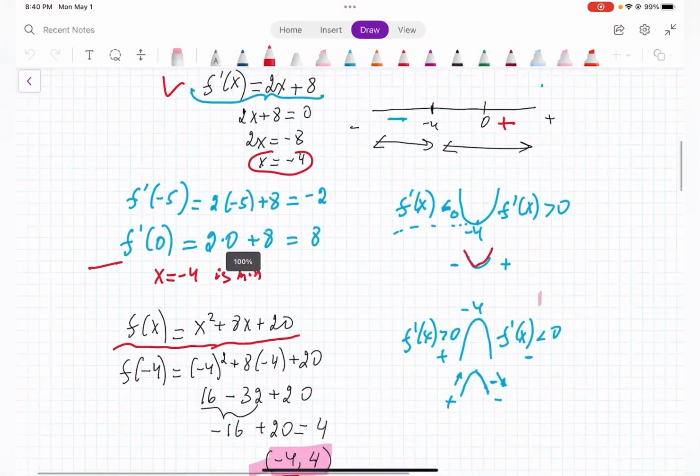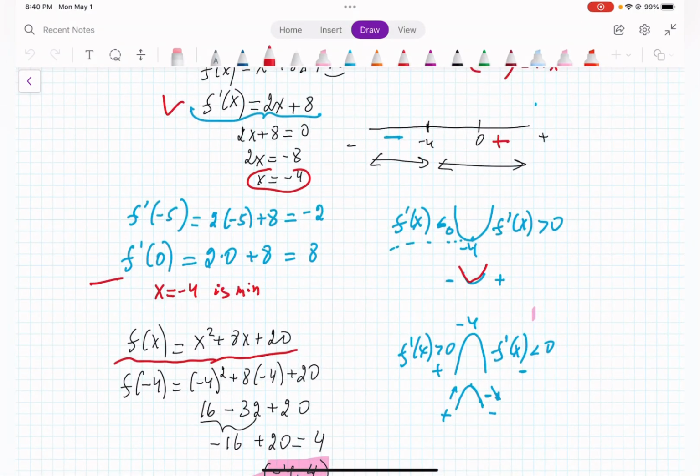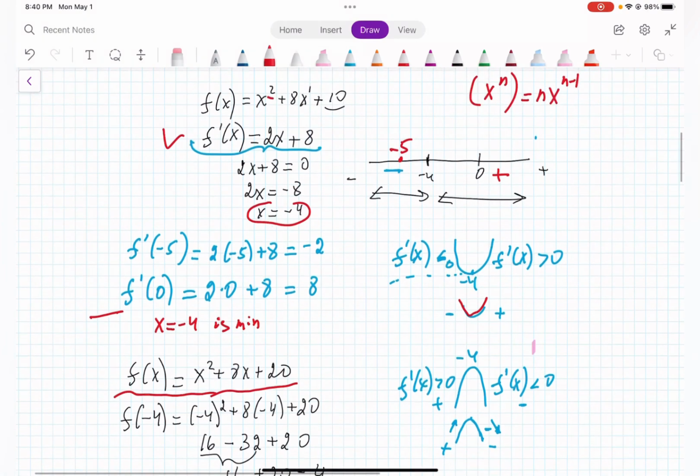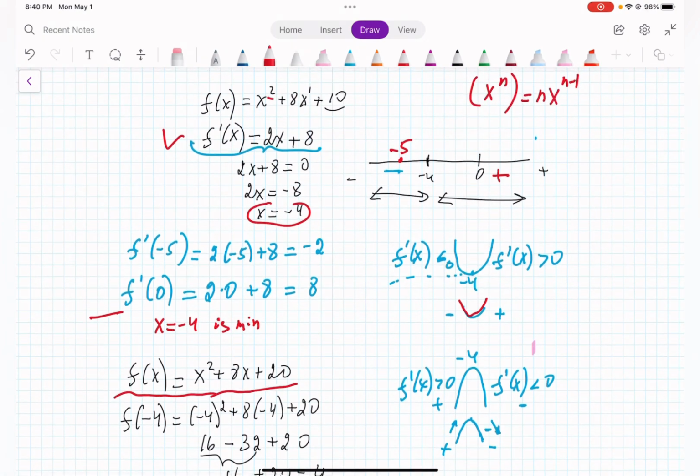Let's double check. So we took the value -5, right? So we plugged in 2 times -5, which is -10. -10 plus 8 is -2. So it's negative. Okay, and to the right side of -4, I'm taking 0.